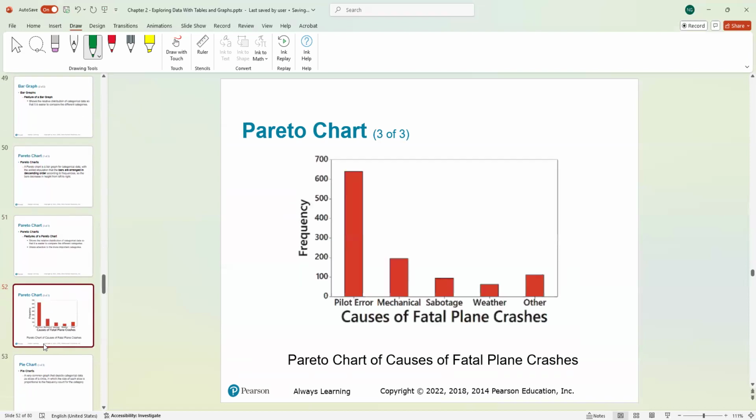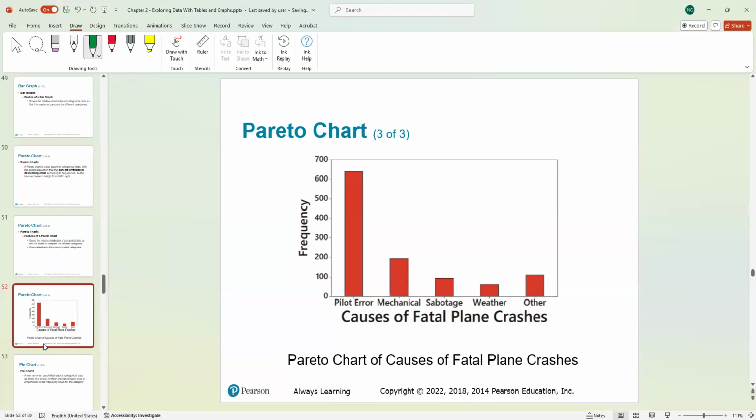This is an example of a Pareto chart. Take a look at it. I'm going to let you check it. All right, as you can see, this Pareto chart is arranged from left to right with the highest bars first.